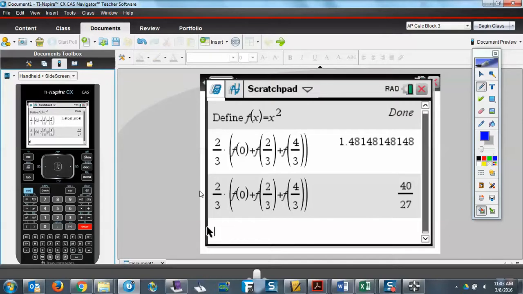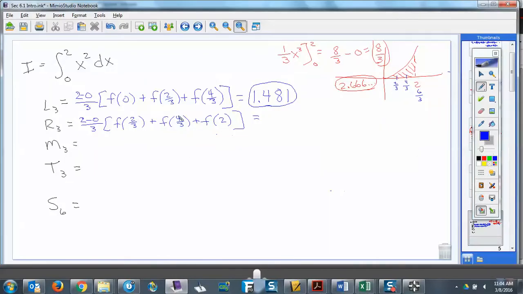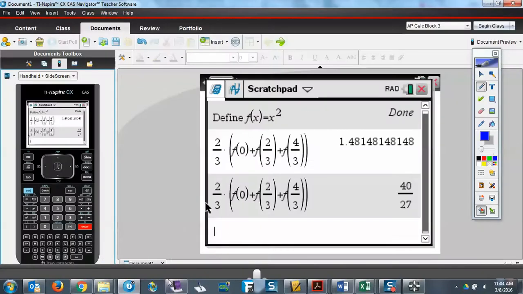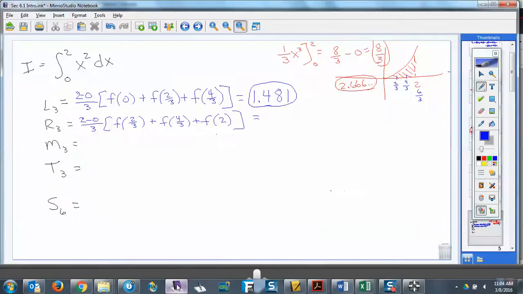If it's less than 10, if it's single digits, we're going to write it out. I think the way we're writing it out now is a good way to write it. But if you wanted to do this the way we were doing it in chapter 5, F of 0 times 2/3 plus F of 2/3 times 2/3 plus F of 4/3 times 2/3, height times width, I'm fine with that. Not a problem. But I think it's good to practice it this way because sometimes you see it written this way in multiple choice questions.